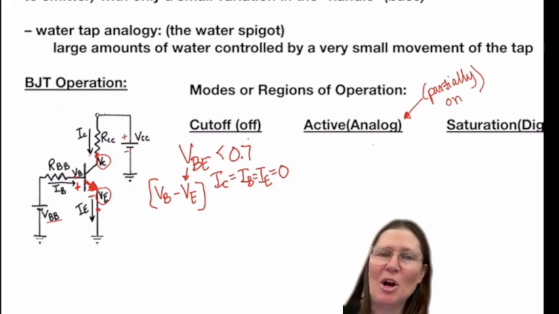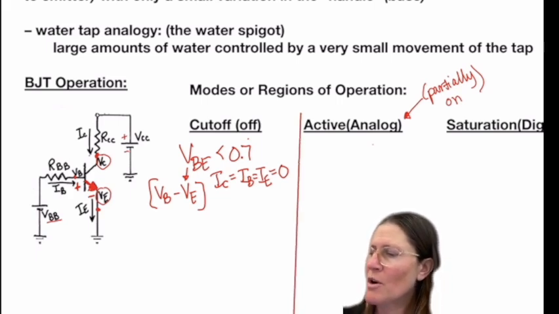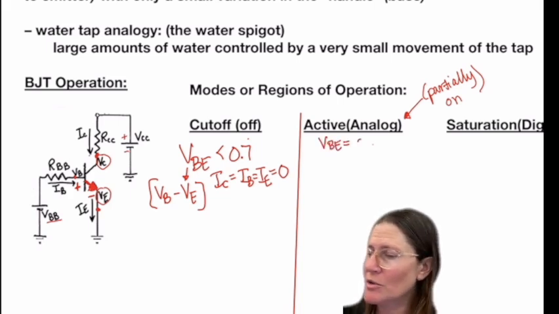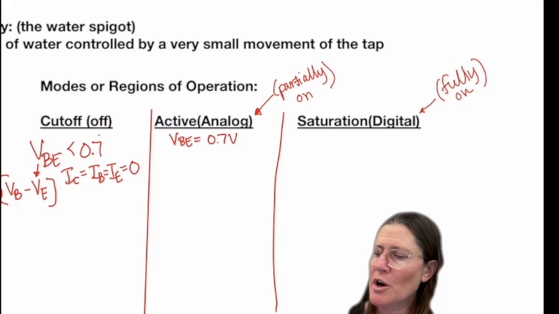The on is a little bit harder, where you have a little bit different conditions. So for on, that means that VBE is going to equal 0.7 volts for both your on stages.